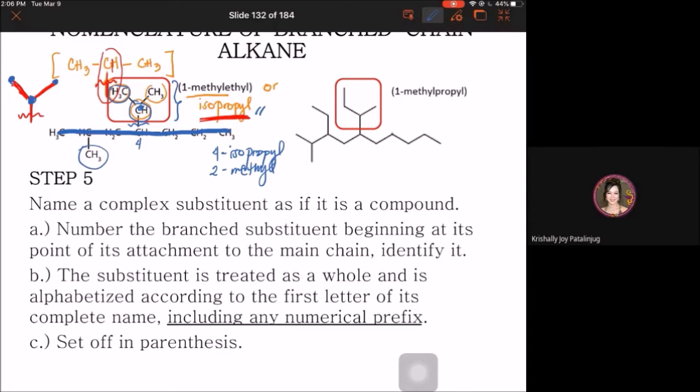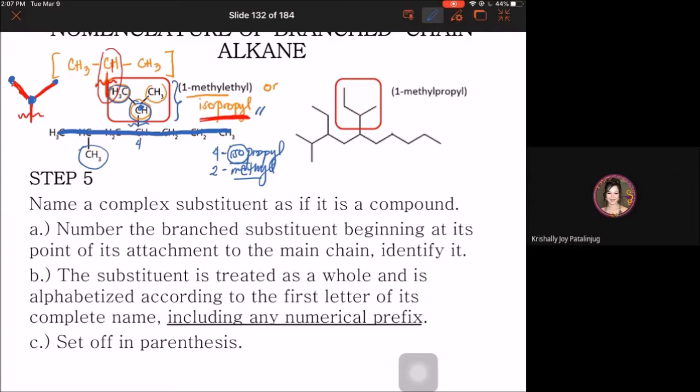So when you name it, una yung isopropyl kasi alphabetical man. If you tend to use these common names, ganun pa rin, alphabetical pa rin. Okay, when you write again the alkane name, the iso here is considered as part of the alkyl group name. So considered siya for alphabetizing purposes.